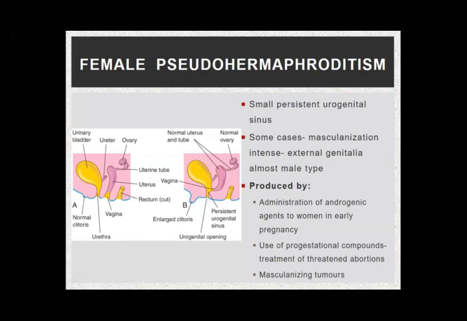in some cases, the masculinization that develops because of high levels of androgens is so intense that the external genitalia resemble the male type.